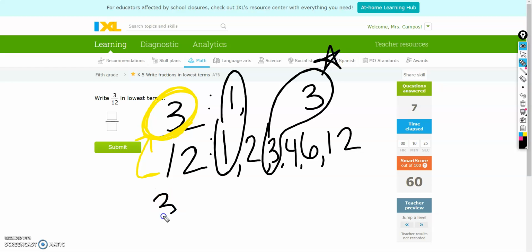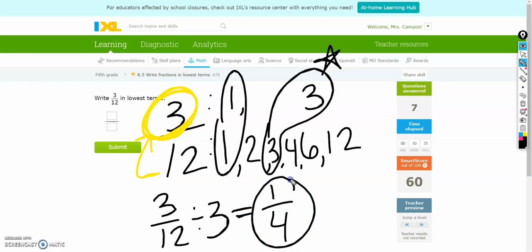So when I divide 3/12 divided by 3, I get 1/4. When you have a fraction with a 1 on top, like 1/4 is, that's called a unit fraction. So anytime you have 1 on top.